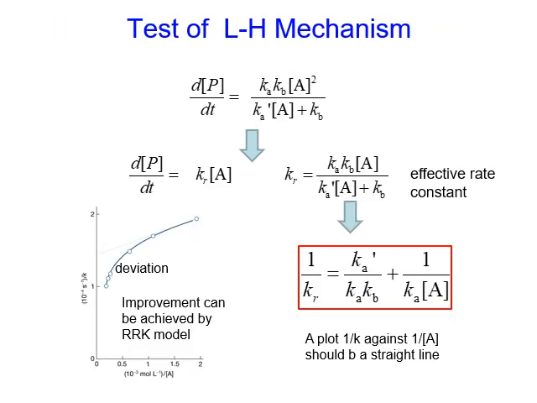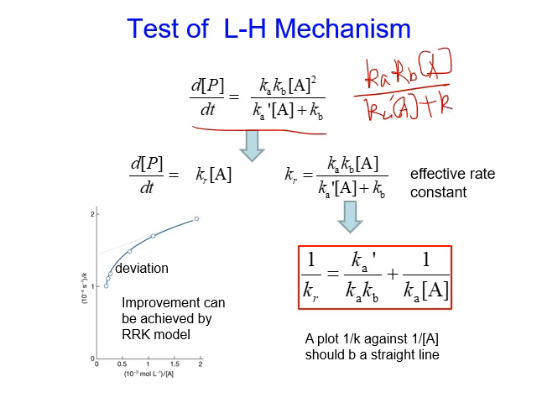In order to quantitatively test the Lindemann-Hinshelwood mechanism, we can assume this reaction is a first-order reaction. So we can rewrite it as Ka Kb times A divided by Ka prime A plus Kb.